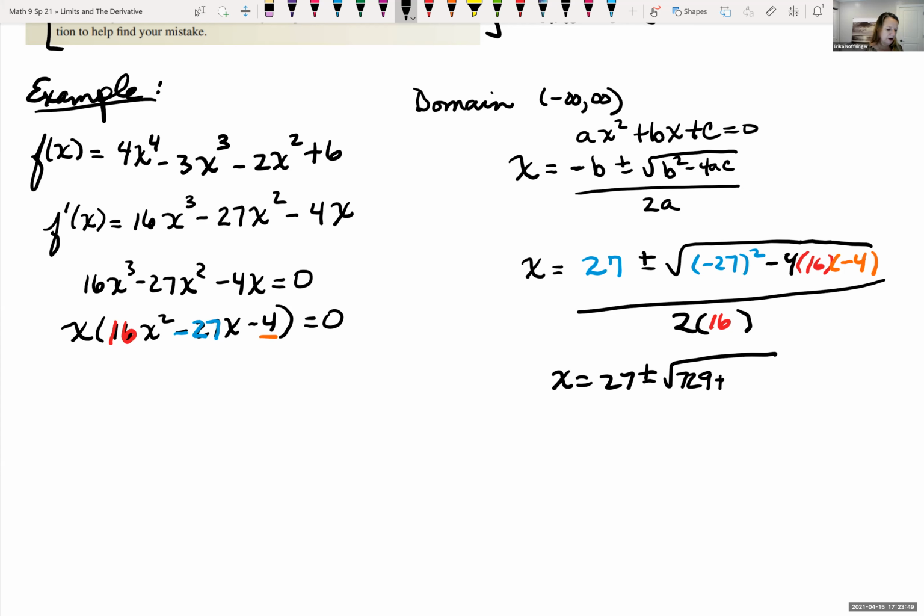I just rewrote the order. So plus 256, all over 32. Plus 729. So this is 27 plus or minus the square root of 985, all over 32.